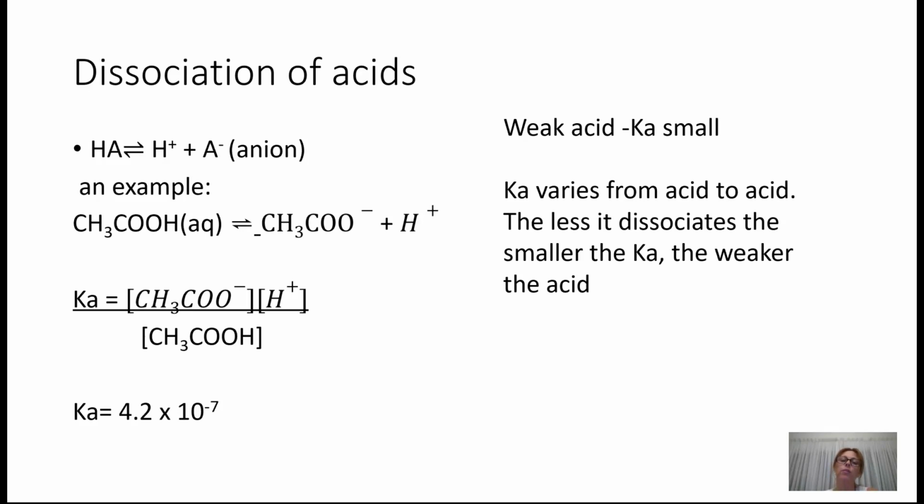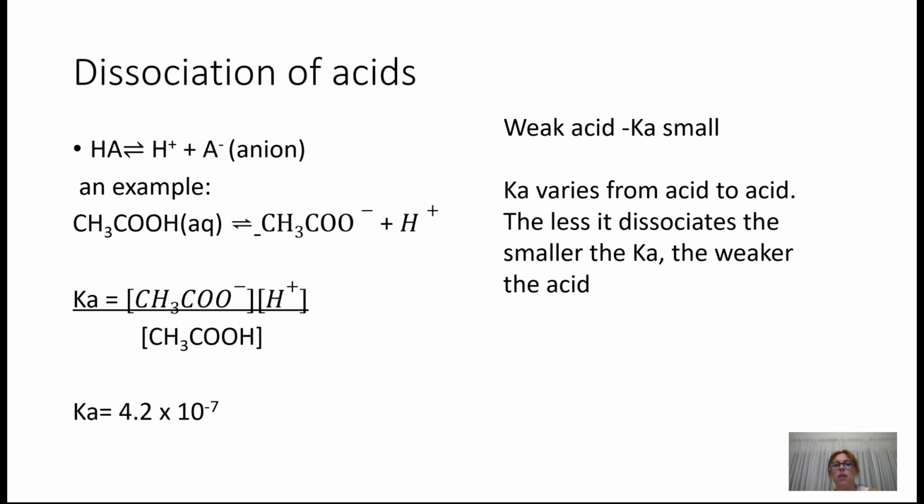If I look at the dissociation of acids, we can write that in a general form where we have HA, H being the hydrogen ions and A being the anion associated with that acid. For example, here we have acetic acid. So we have CH3COOH in solution, and it dissociates and forms the anion, which is CH3COO-, and our hydrogen ions.